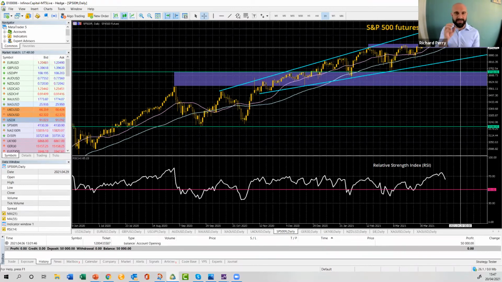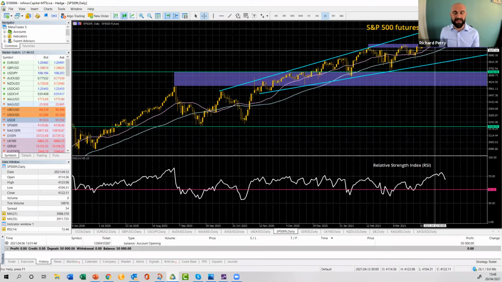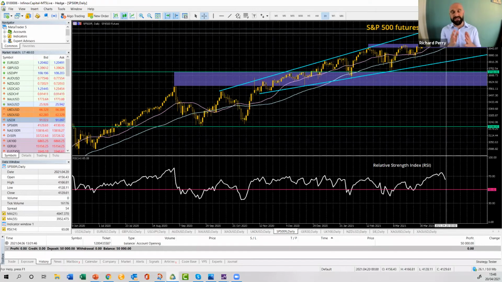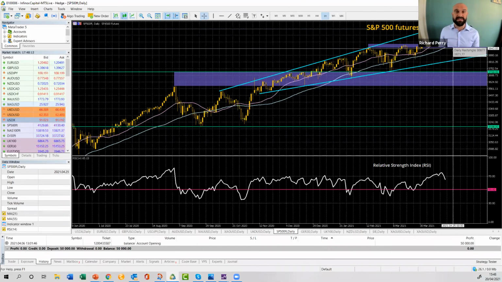I'm talking about the fact that obviously equities have been really strong, but I think we're due a correction. I think that correction would be a buying opportunity, and there are opportunities I have noticed in equity markets that can be taken in that corrective move.